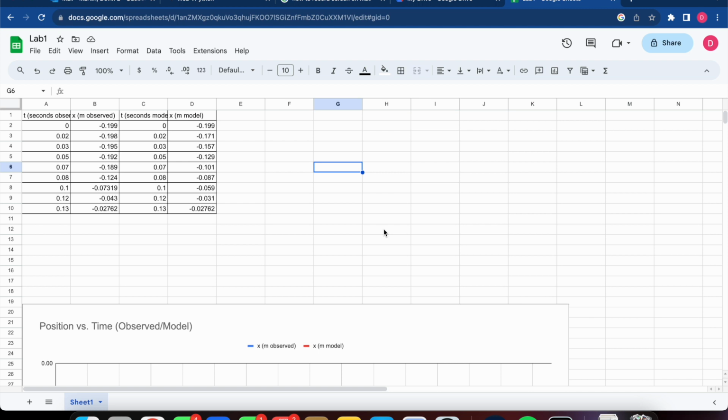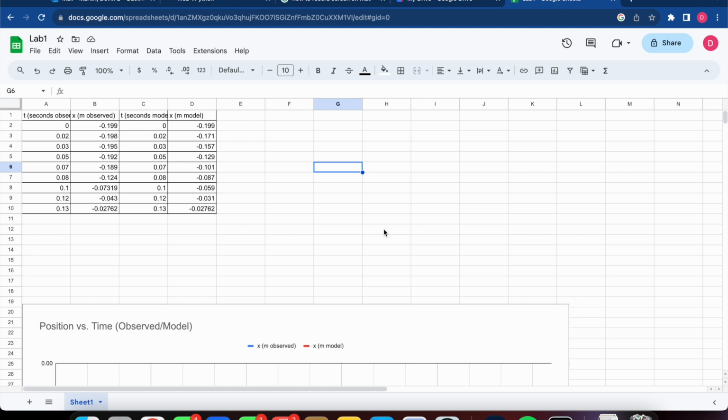At 0.08 seconds, it was negative 0.124. At 0.1 second, it was negative 0.07319. At 0.12 seconds, it was negative 0.043. At 0.13 seconds, it was negative 0.02762, as I said before.